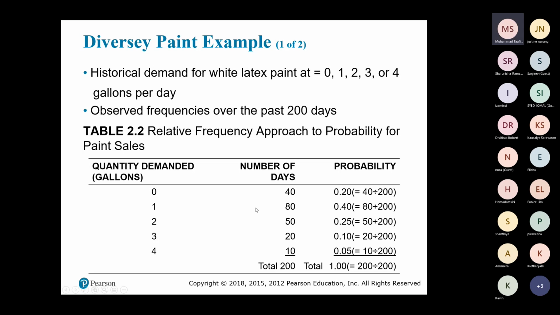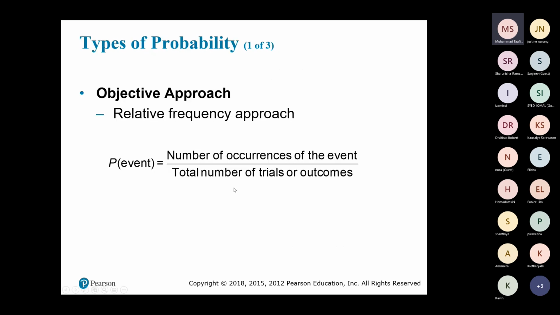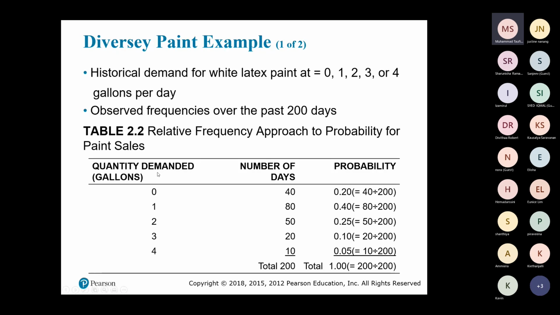So now you want to calculate the probability. For example, if you want to predict how many people will buy in the future, you determine the probability. So how do we determine the probability? We use this formula: number of occurrences of the event divided by the total number of trials. So now we have the number of days.